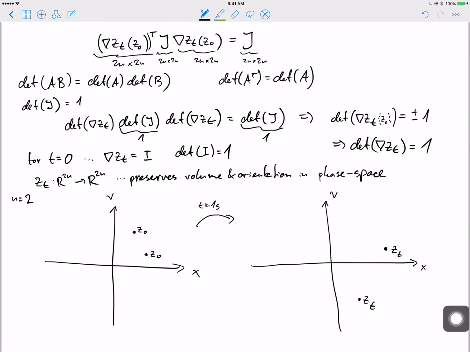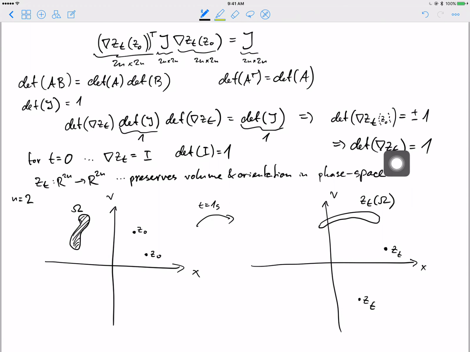What symplecticity says is a beautiful thing. It says that if you take an area, if you take some closed set omega, then all the initial conditions inside here get mapped somewhere. So this will be the zt of omega.